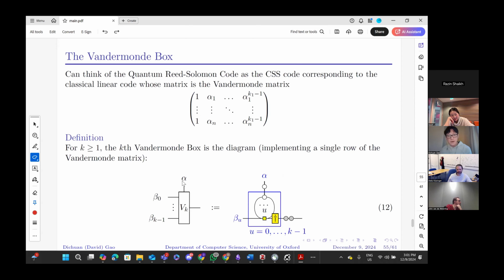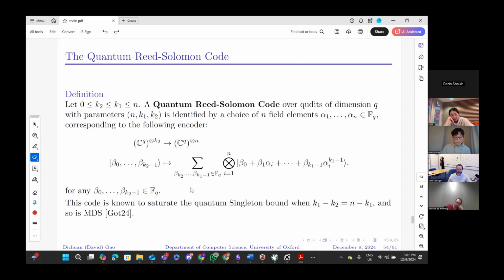I think one way to think about this is, if you were to take the classical encoder of the classical Reed-Solomon codes, you wouldn't have these summations, right? You would just be able to get all K1 logical qudits, and your encoder is just applying these polynomials to them.